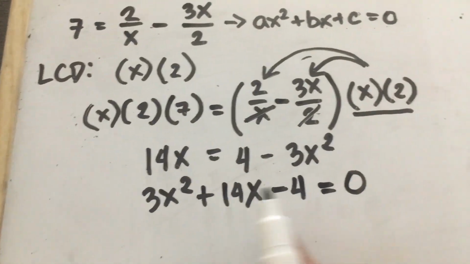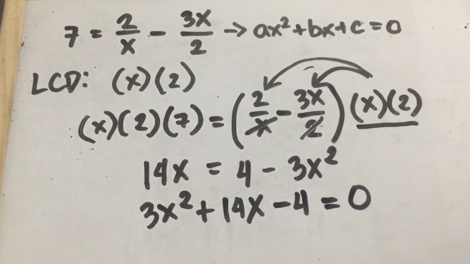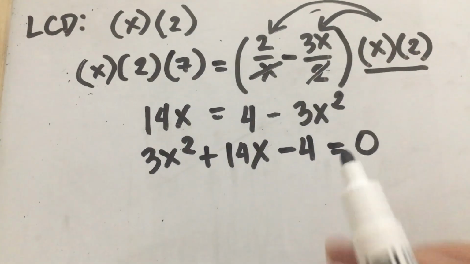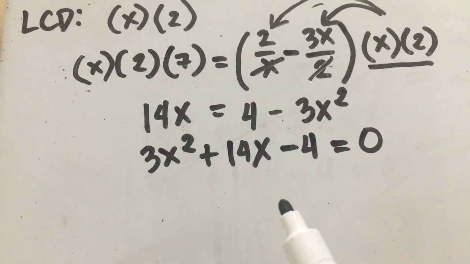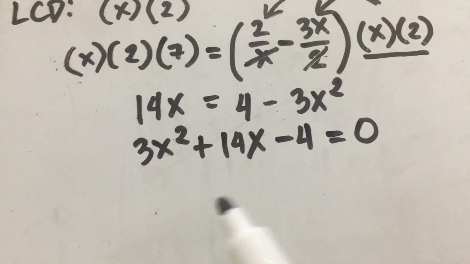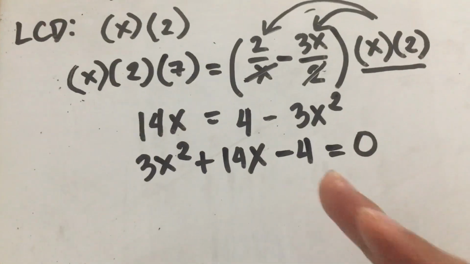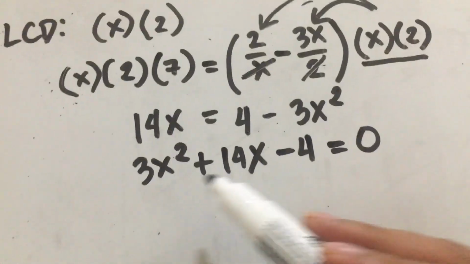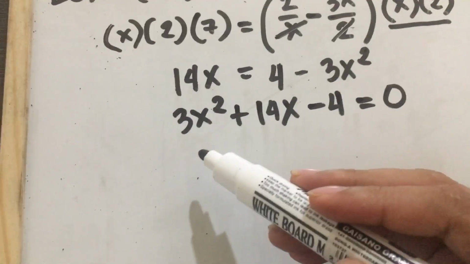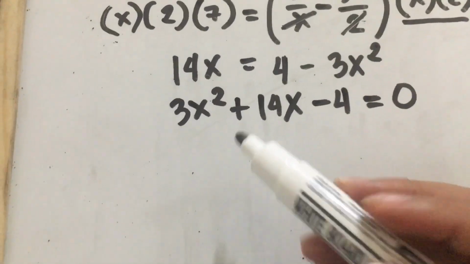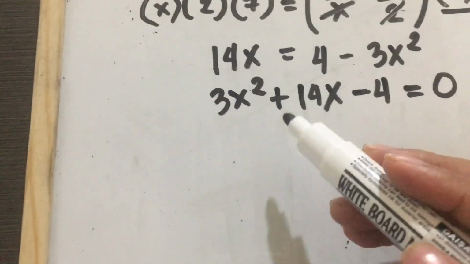So now, that is our quadratic equation. At this point, you can go for factoring, or you can go for the quadratic formula. There are two choices. I know for some of you, it's quite hard to factor this one. So, for you to find the value of x, you can use the quadratic formula.